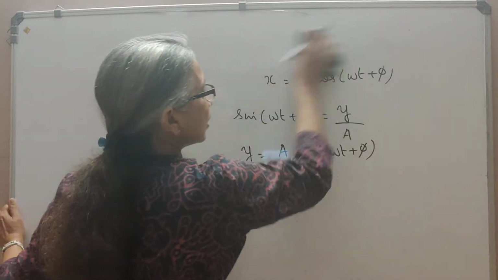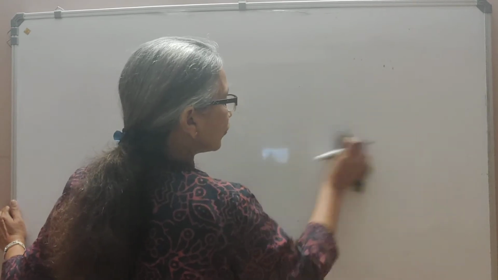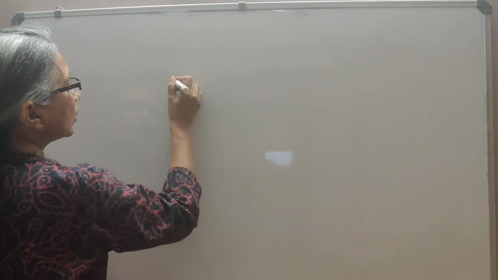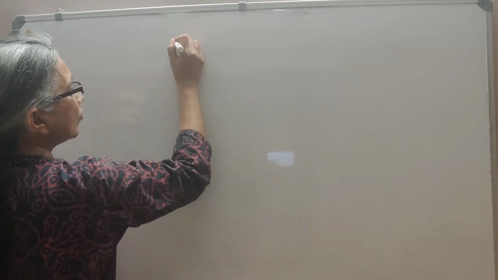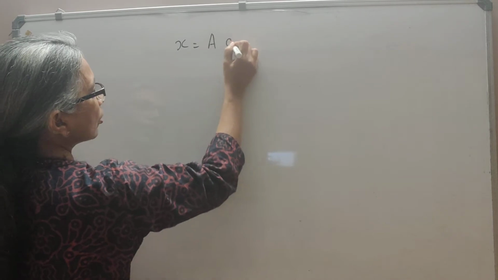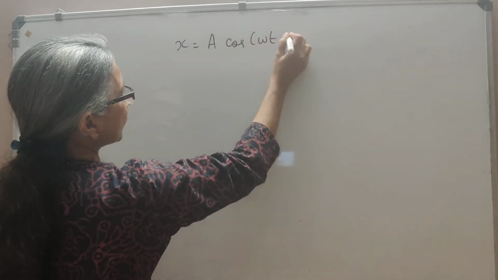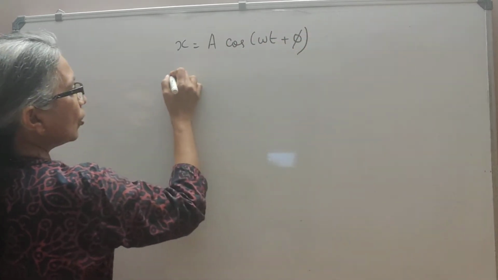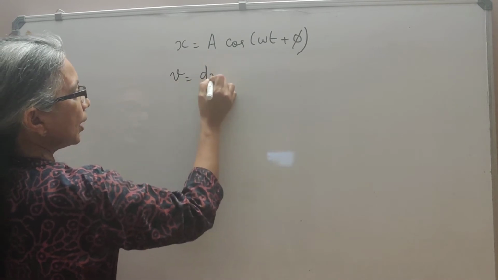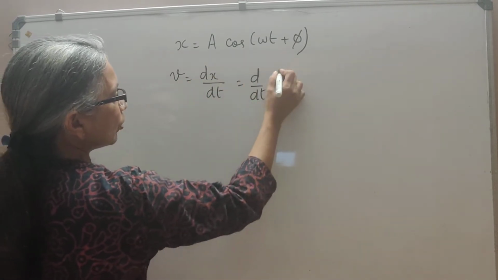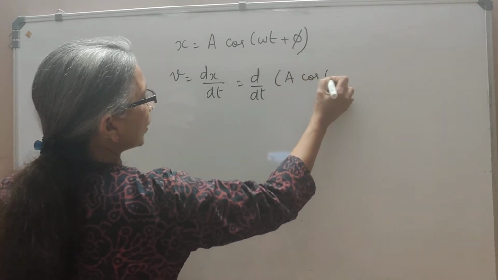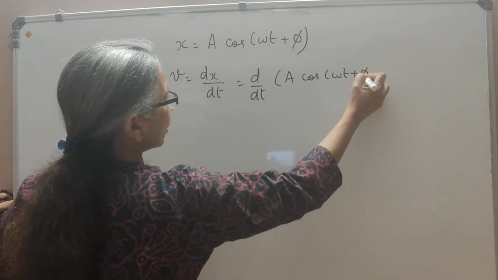We will now discuss the velocity and acceleration of the particle in simple harmonic motion. So we have x equal to a cos(omega t plus phi), and velocity is dx by dt, which is d by dt of a cos(omega t plus phi).